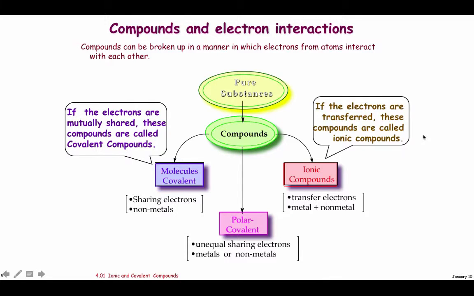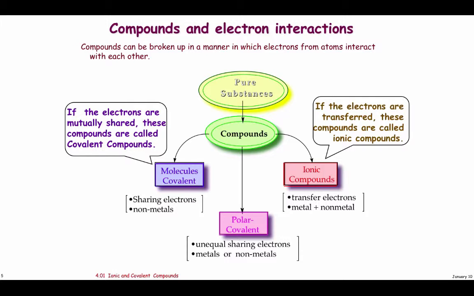When the elements do not want to give up electrons or do not want to accept electrons, then they tend to share electrons, and that may be because the element is combining with itself, and so it has equal strength in terms of giving up or accepting electrons. These are called covalent compounds. It's equal sharing of electrons, and these tend to happen to nonmetals.